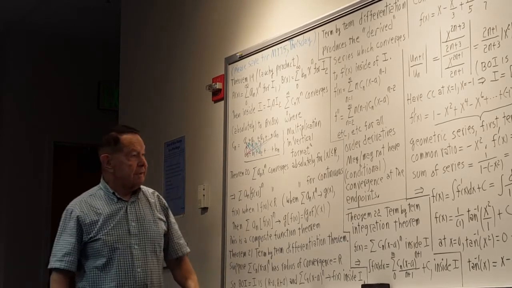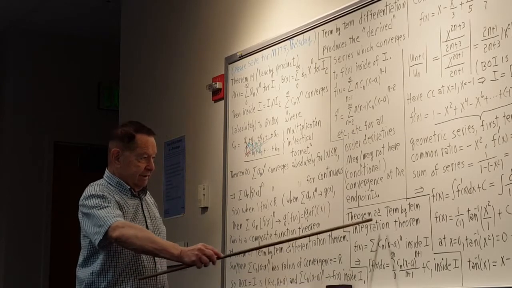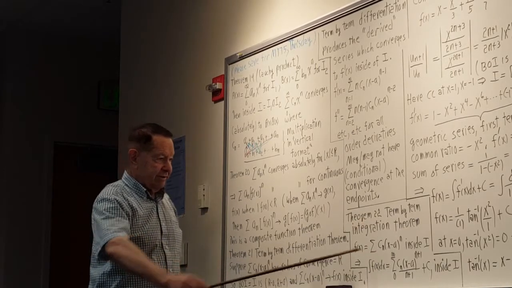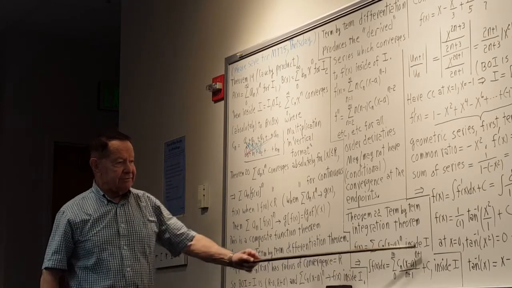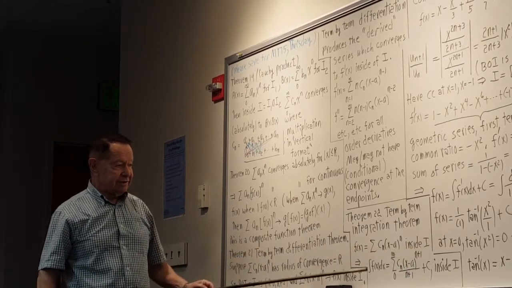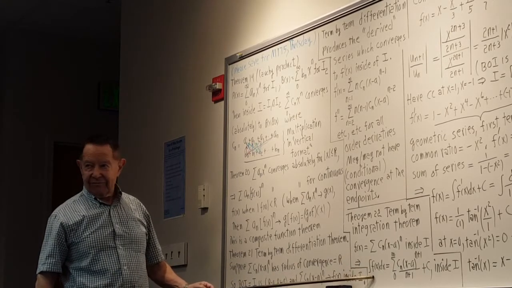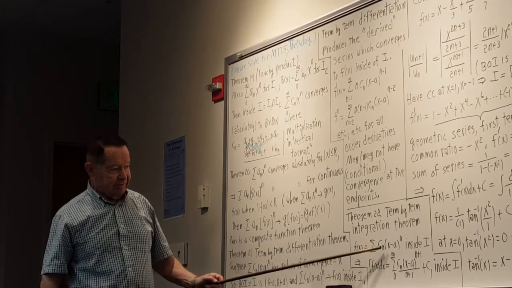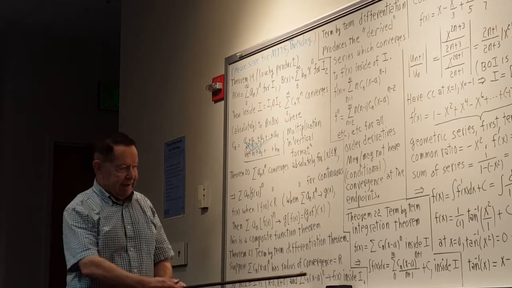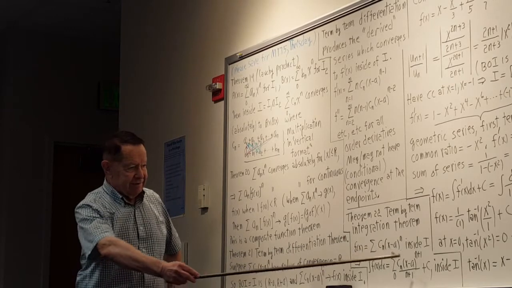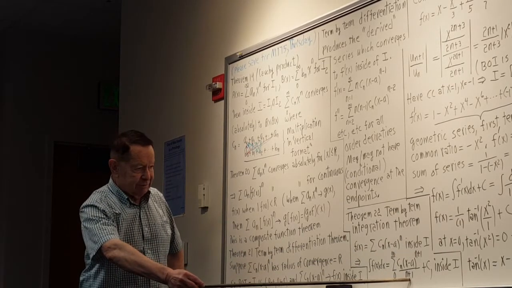endpoint. Then finally, the last one says you can integrate term by term, and again, you have some interval of convergence for f of x, so then the integral of f would correspond to the series that you get if you integrate term by term, so add 1 and divide by the new exponent.